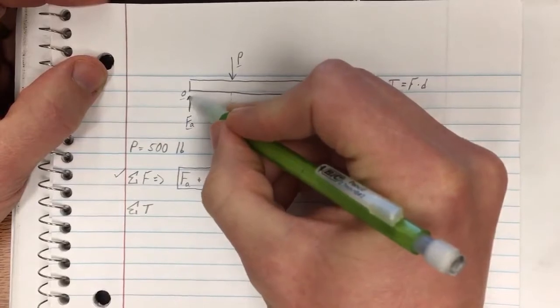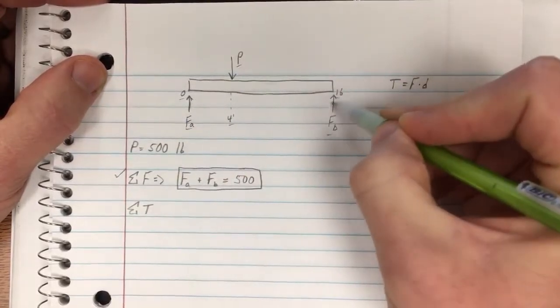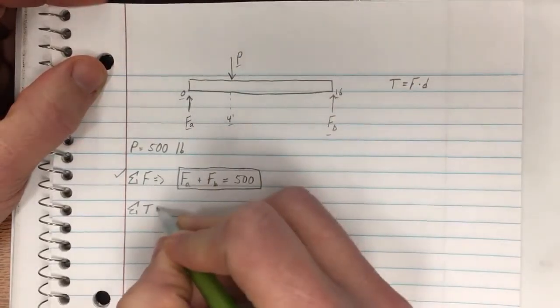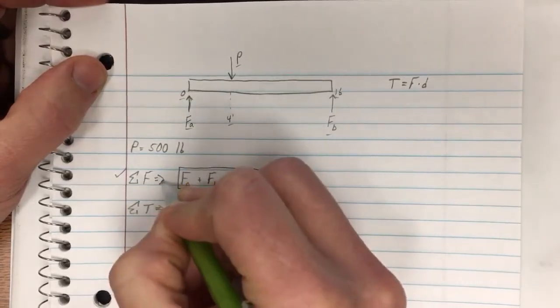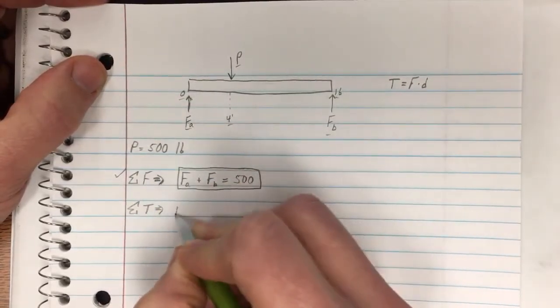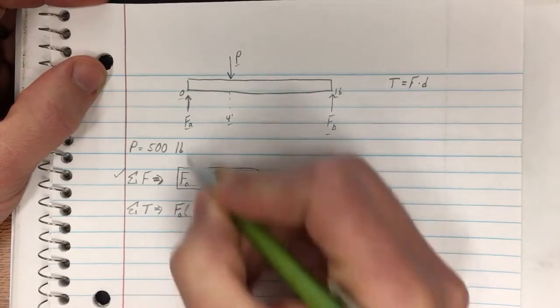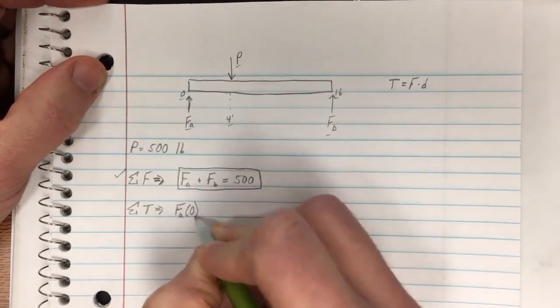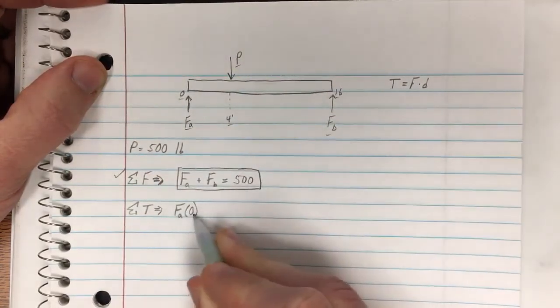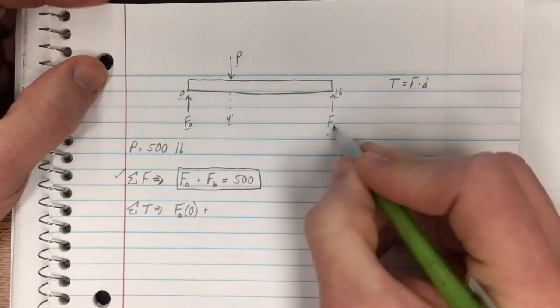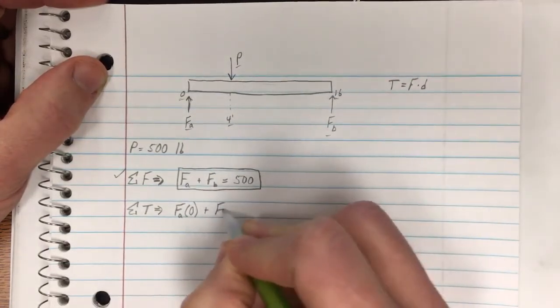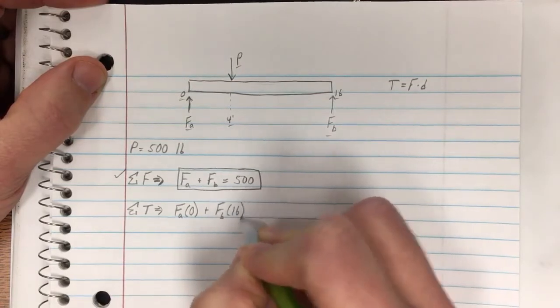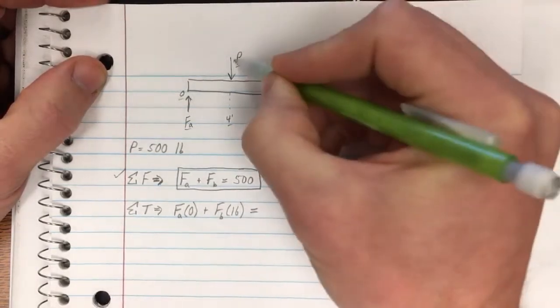Now, since the upward forces are pointing up, they're going to be on one side. So this is kind of supposed to be an arrow like that. We have FA times, and that distance is 0. So FA times 0, force times distance, plus FB times 16, and they equal the downward forces.